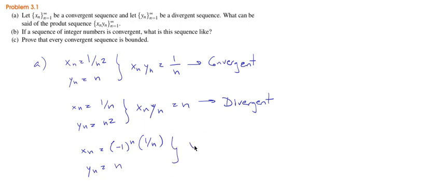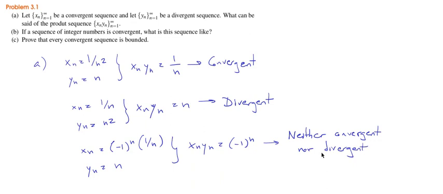The product of this is minus 1 to the n, which is minus 1, 1, minus 1, 1, which is neither convergent nor divergent. It doesn't diverge to plus or minus infinity, and it doesn't converge to anything.